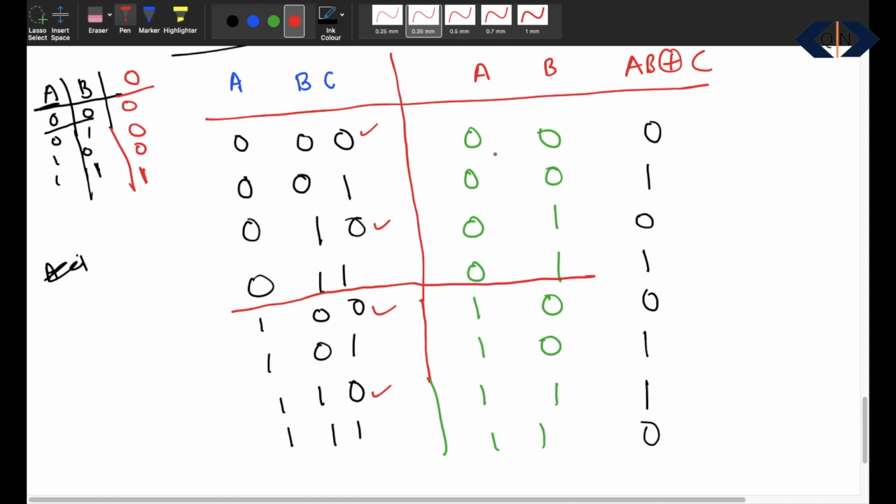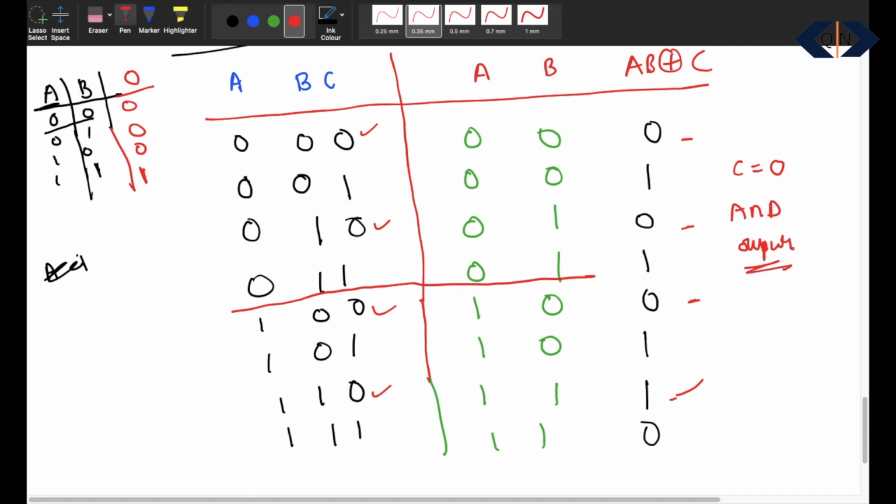If AB is 0, 0 we are getting 0. If 0, 1, then we are getting 0. Again 1, 0, we are getting 0. And if 1, 1, then we are getting 1. So wherever C is equivalent to 0, there we will get our AND output.